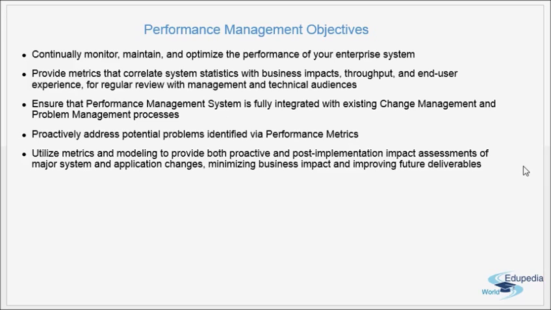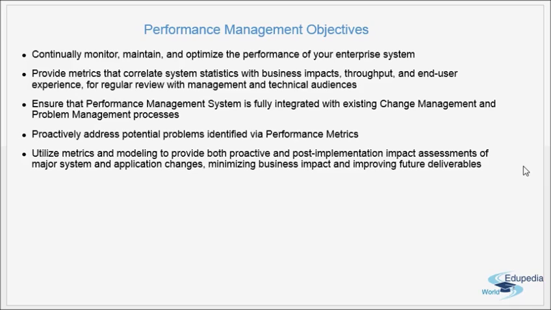Say if you collect some stats weekly, then you can compare them. If you see the performance is going down, then something might be the factor. So you have to collect the metrics which correlate the system statistics with business impacts. Then only you'll understand the throughputs and the end user experiences, like what problems they are facing.